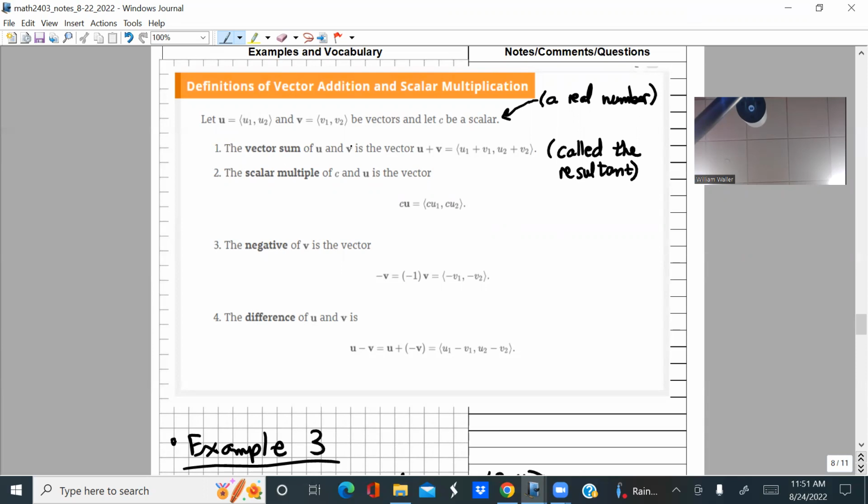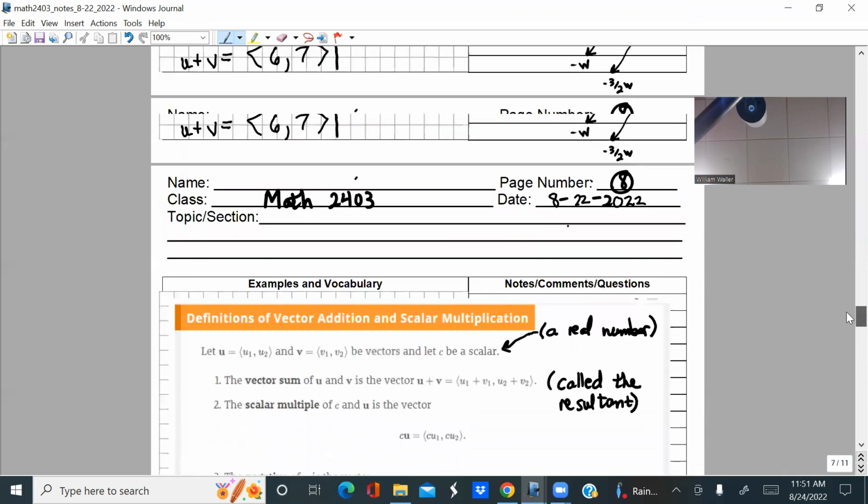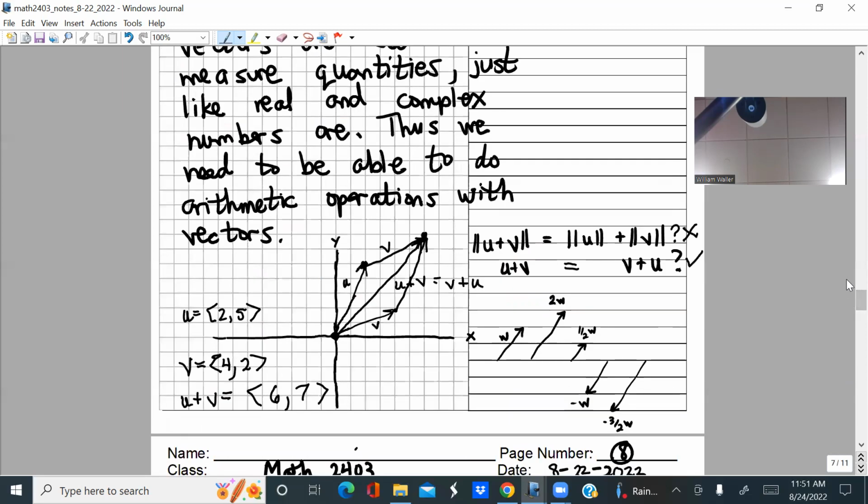So the first thing that we learned last time is how to add two vectors together. And we drew a picture of how that looks geometrically. If you're adding the vector u and v together, you simply draw the vector u and then attach v to the end of u.